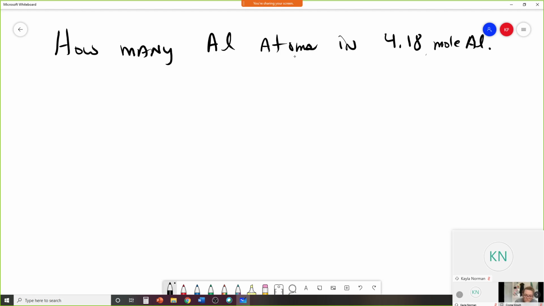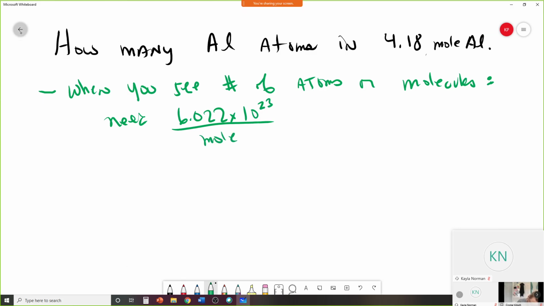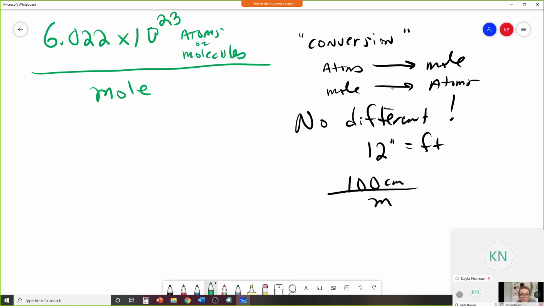All right, now here's your first thing that you're going to have to do. When you see number of atoms or molecules, you will need 6.02 times 10 to the 23rd per mole. Anytime you see it. So let's go back to this previous page here.